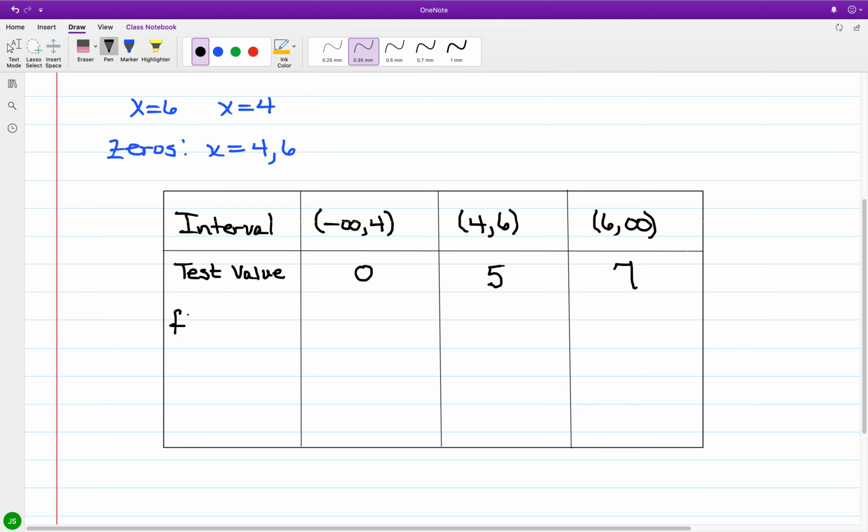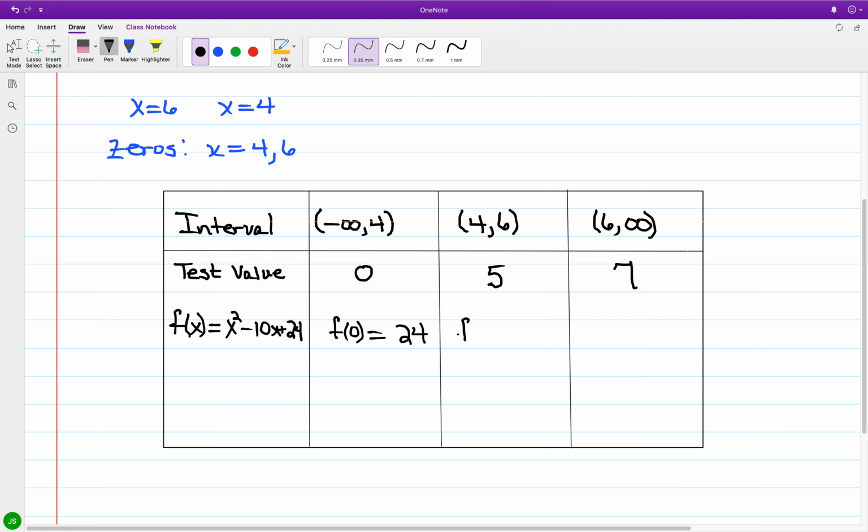When we rewrote the inequality in terms of comparison to 0, we had the trinomial x squared minus 10x plus 24. Testing out the first of the subintervals, we have f of 0. If x is 0, you have 0 minus 0 plus 24, so f of 0 is equal to 24.